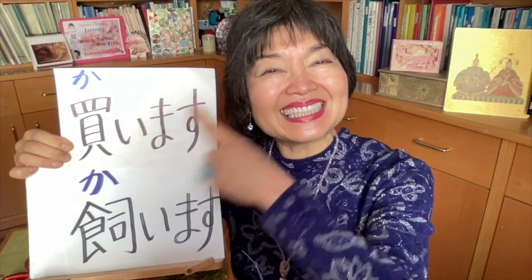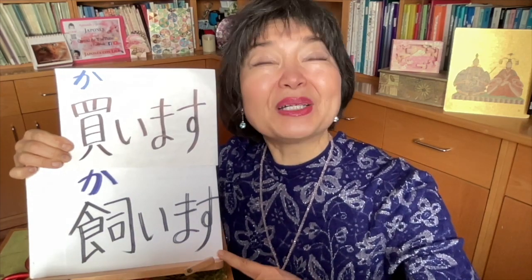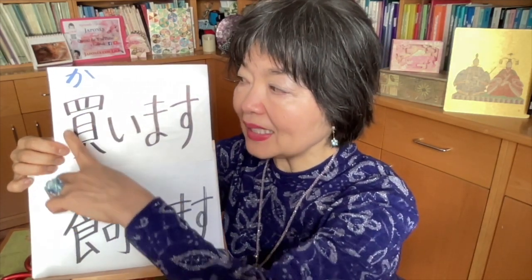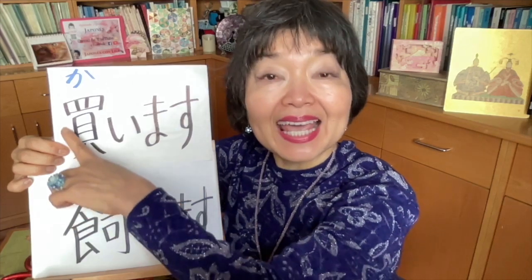Look at these two verbs, 買います and 飼います, exactly the same pronunciation. Kaimasu with this kanji is to buy. But kaimasu with this kanji is to have some animals as a pet. Looking at the kanji, this one, kaimasu, here this part is kai, shell.